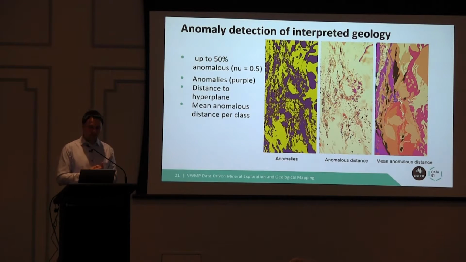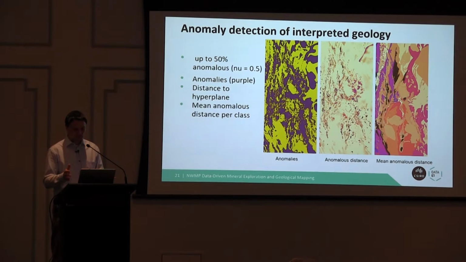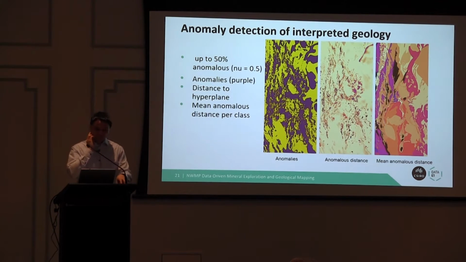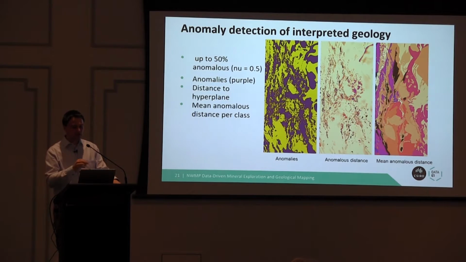Now the model that we used requires one parameter that we can vary, and that's the amount of anomalous data that we expect, a parameter called nu. This is a result based on the assumption that 50% of the data can be anomalous.